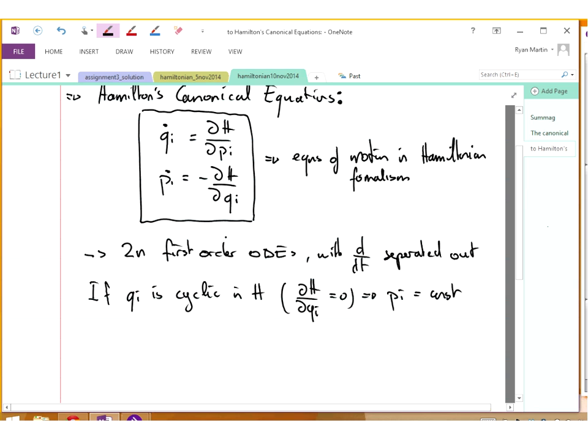That's the second canonical equation, right? If p_i dot is equal to 0, then p_i is a constant. So the conservation of the associated momentum falls out immediately from its conjugate coordinate being cyclic.